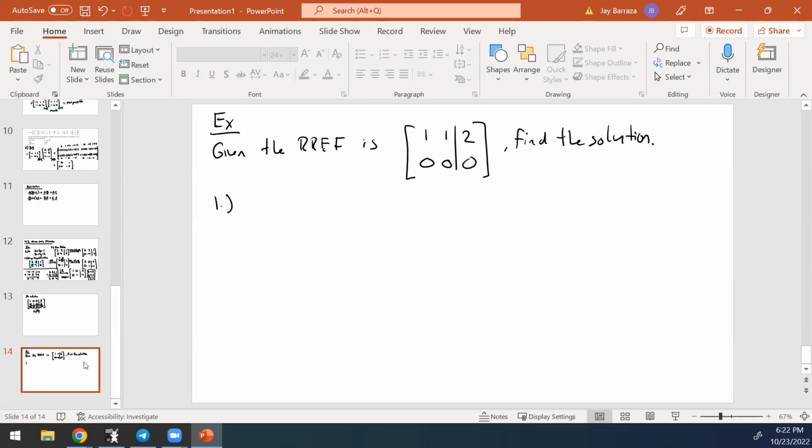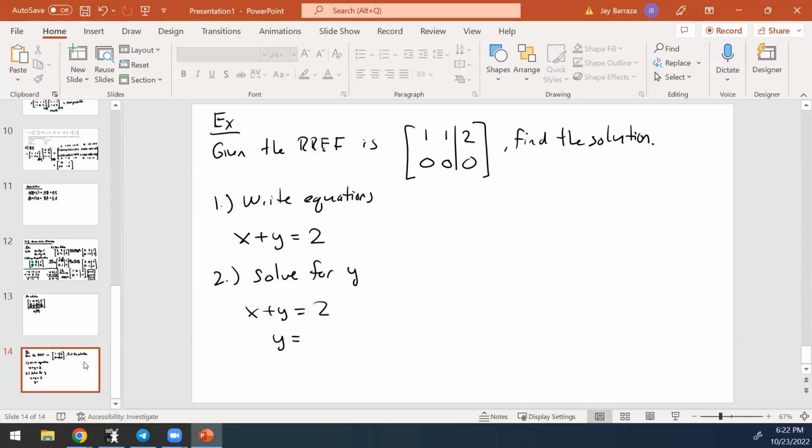So step 1, write equation. So you want to write them as equations. So x plus y equals 2, like that. Step 2, solve for y. So x plus y equals 2, y equals 2 minus x. Step 3, plug into x comma y. So x comma y is going to be equal to x comma 2 minus x, like that.